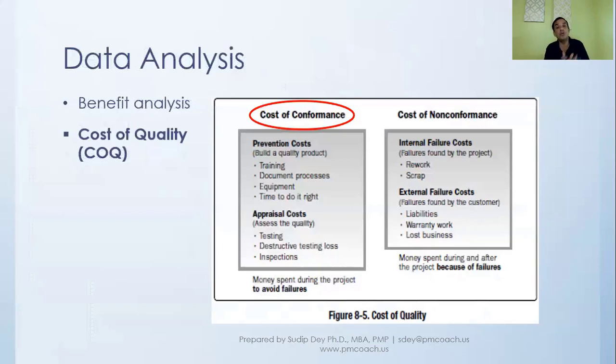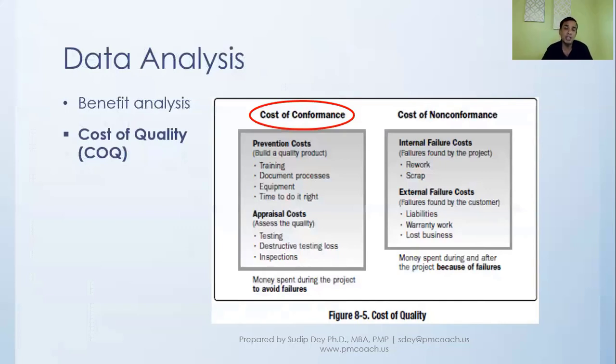Or even when we are doing the work, we build in some review effort and put in more time so that we get it right the first time. So these are what we call prevention costs, and these are the cost of conformance.